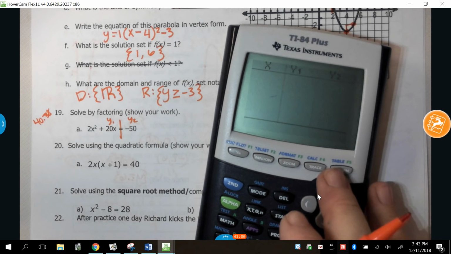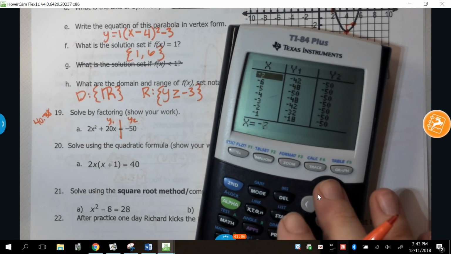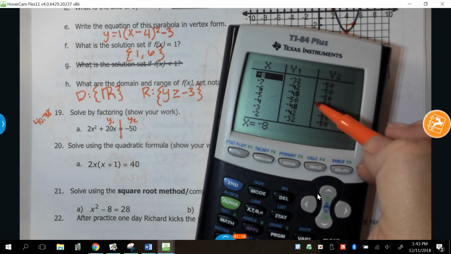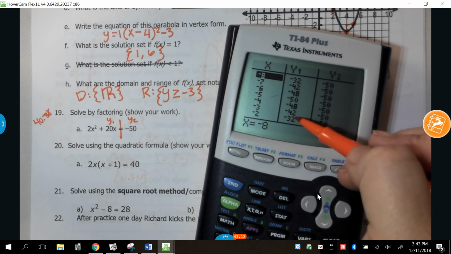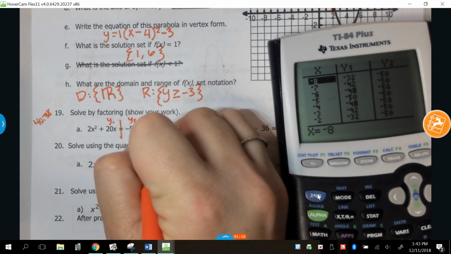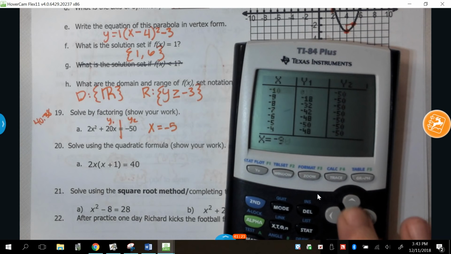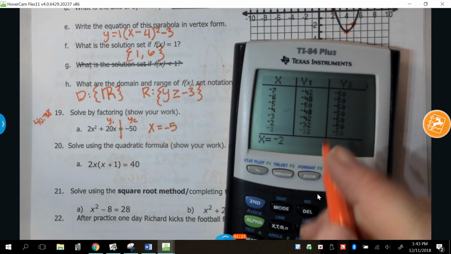And we're going to see where everything matches. So we see here, if you notice, that's my vertex. So 48, 48, 42, 42, 32, 32. So my answer is just x equals -5, because it'll only match one time since that's my vertex of y1.